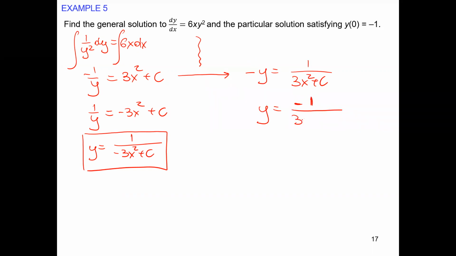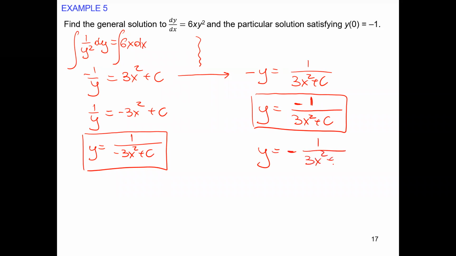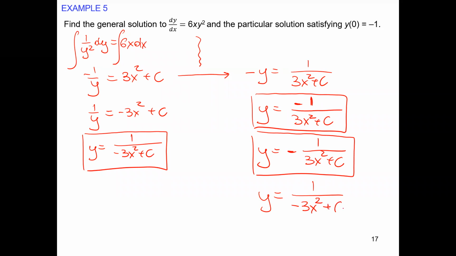We can write it like this, and it's still the same thing. Or, of course, you can put that negative in front. Doesn't matter. But when you decide to distribute this negative in the denominator, we will have negative 3x squared and negative c, but a negative constant is just a constant. It will be actually that function.